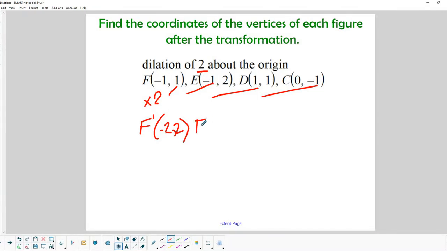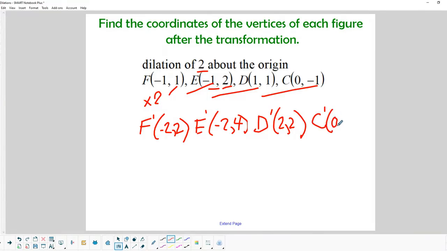Our new E value will be negative 2, 4. Again, I'm multiplying each of these coordinates by 2. Our new D values will be 2, 2. And our new C values will be 0, negative 2. We're just taking each original coordinate and multiplying it by 2 to get the new coordinates.